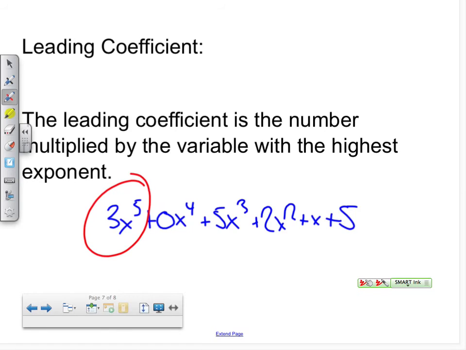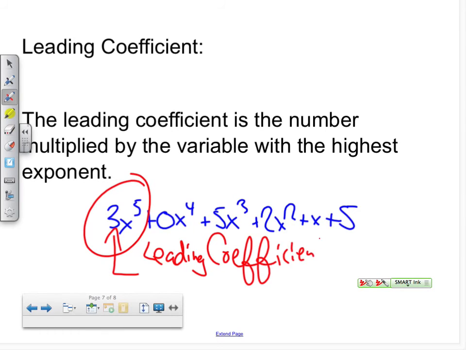What's the coefficient? The leading coefficient is the number on the term with the highest power. The term with the highest power is x to the 5th and the coefficient is 3. So our leading coefficient is 3 of this 5th degree polynomial.